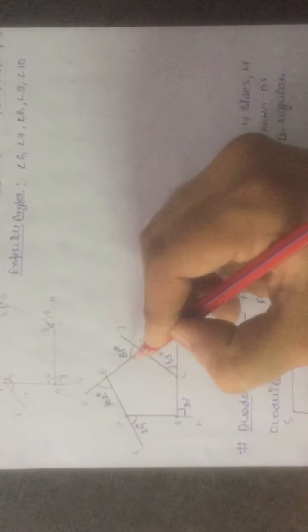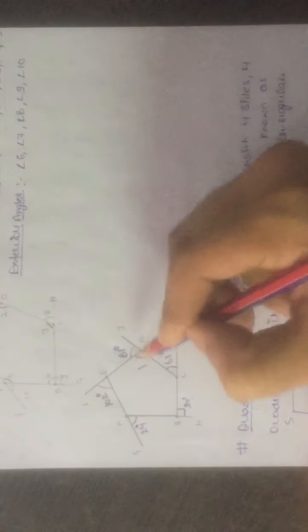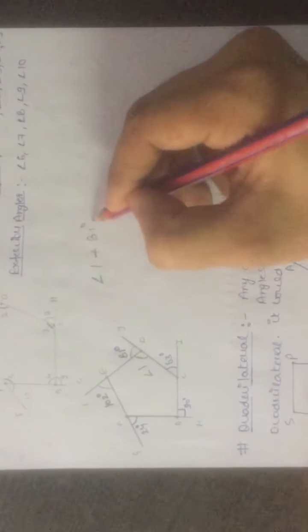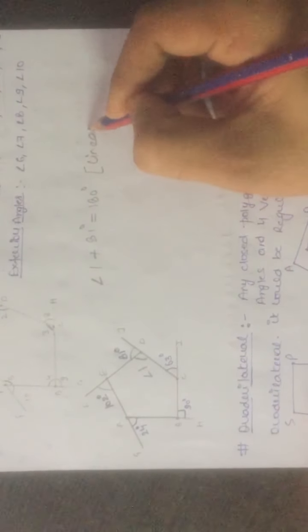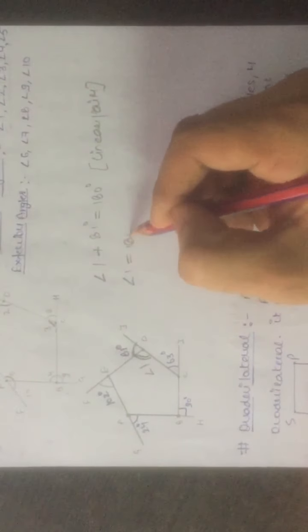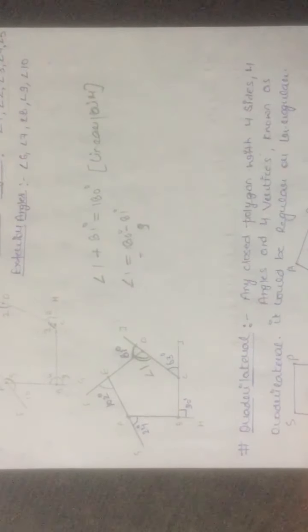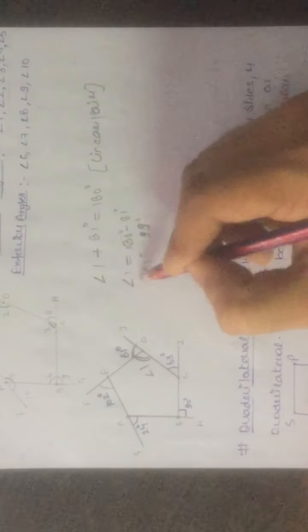Okay, I'm calculating one. Suppose we have this angle, angle 1. So angle 1 plus 81 degree equals 180 degree. How? We know the linear pair, we studied it in 7th class. So angle 1 equals 180 degree minus 81 degree, which is 99... so angle 1 is 91 degree.